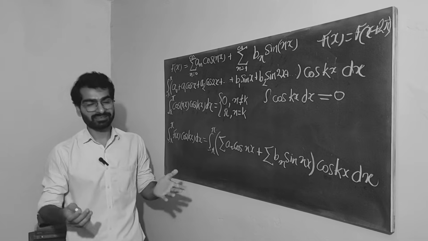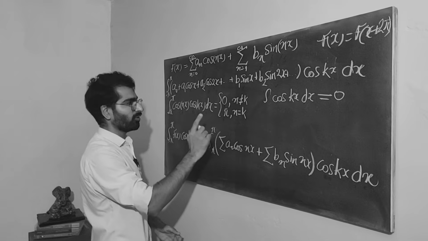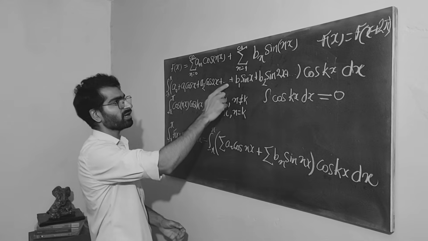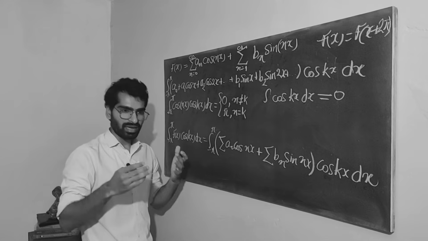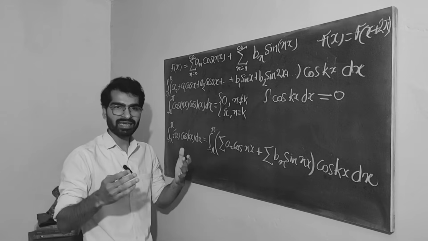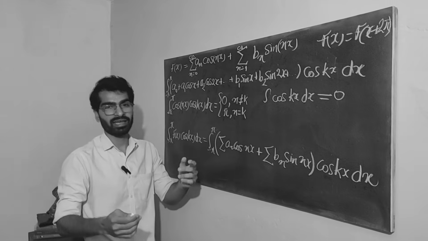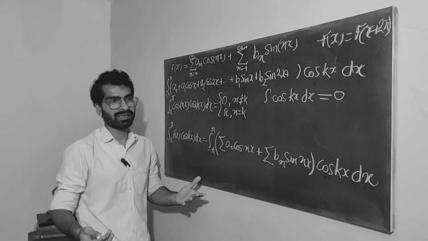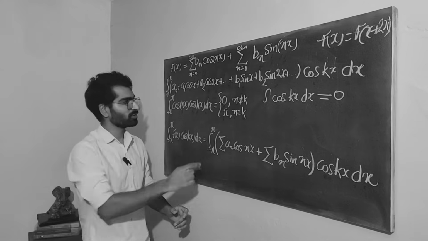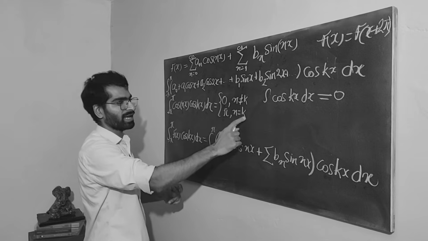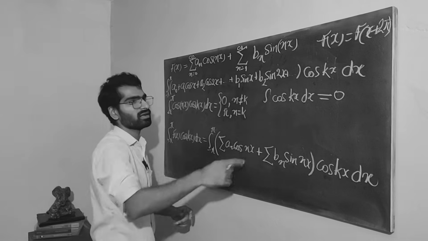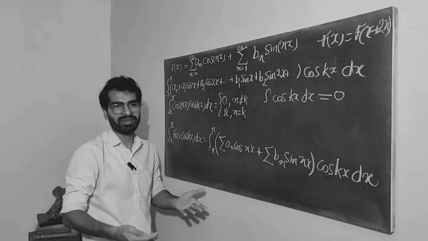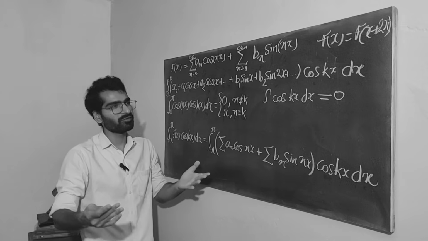So who survives? Well, only one term survives when n is k, because somewhere here you're going to have a term ak times cosine of kx, and then when you multiply it with that function, you get this, because now n is k, and k could be 47, and somewhere here you're going to have a term a47 cosine of 47.